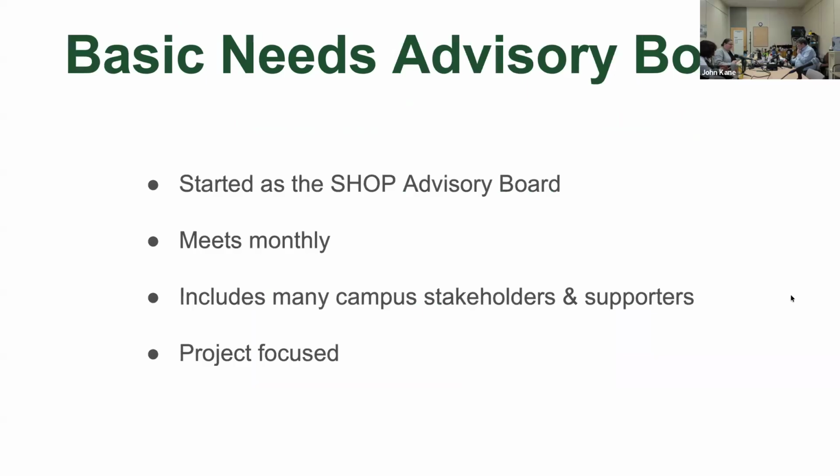All right, so then we'll kick off with the Basic Needs Advisory Board. So this actually really emerged from the Shop Advisory Board. I think for many SUNYs, a lot of the basic needs work starts with food pantries. But with the new roles related to housing security and broader food security and ultimately broader basic needs security, we grew our board to now the Basic Needs Advisory Board.